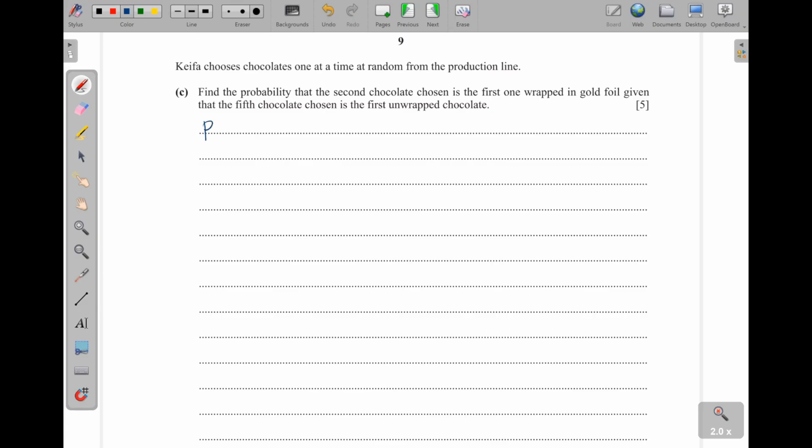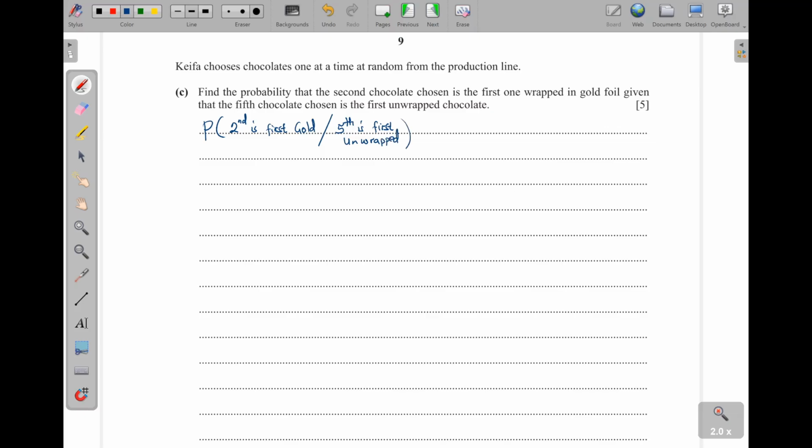We have the probability; I'm going to write second is the first gold, given that the 5th one is the first unwrapped. That is the probability they want us to find.